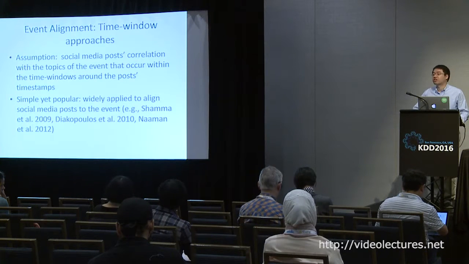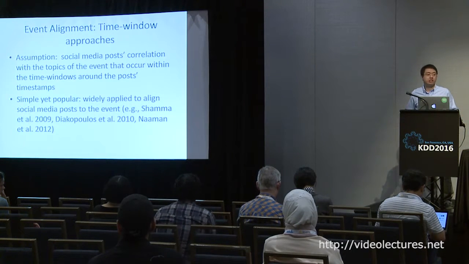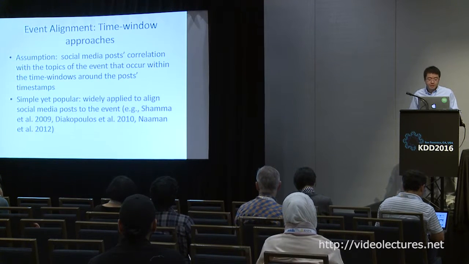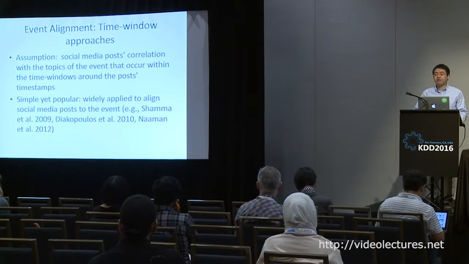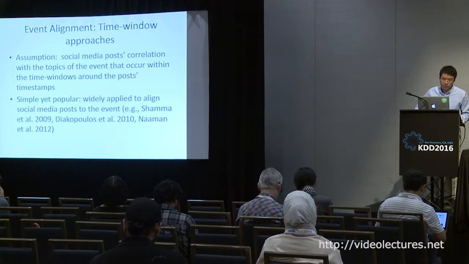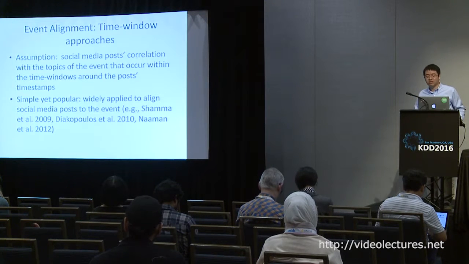So let's first talk about how we establish the alignment between an event and its associated tweets. The very standard, popular, even simple approach is the so-called time window approach, or some people call it the fixed time window approach, depending on the length of the window.